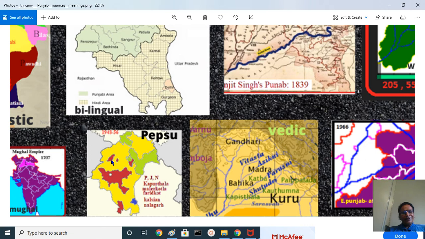That is Kapurthala, and this is Pataudi here, Dujana here, and Kalsia here, Nalagarh, all those regions. And these are East Punjab states: Patiala, Jind, Nabha, Kapurthala, Malerkotla, Faridkot, Kalsia, Nalagarh. They survived as a separate political entity for nearly a decade or so, from 48 to 56, until the States Reorganisation Act of 56. So they are also a part of Punjab.